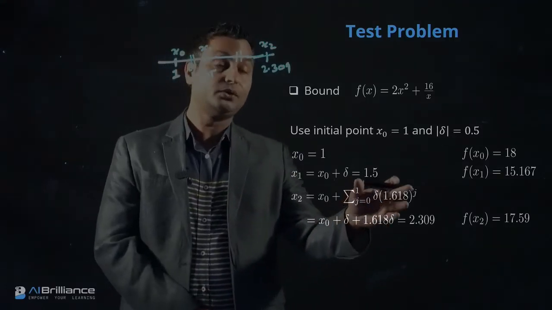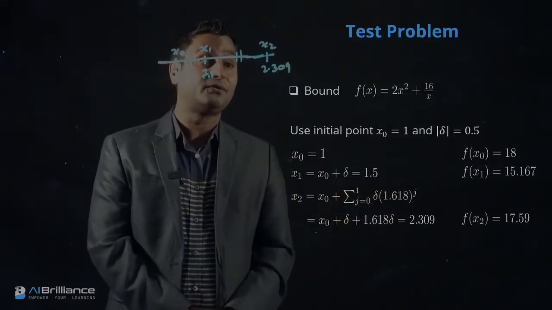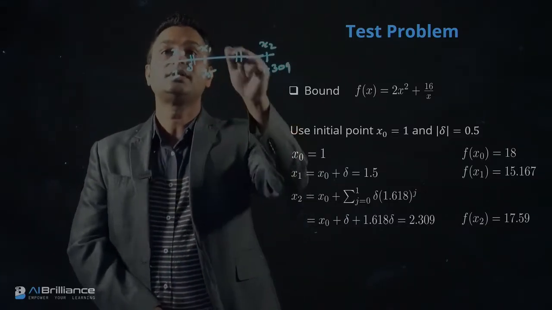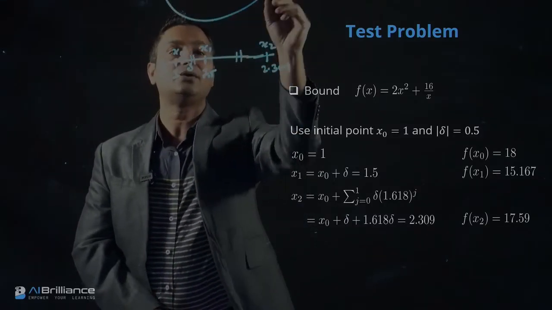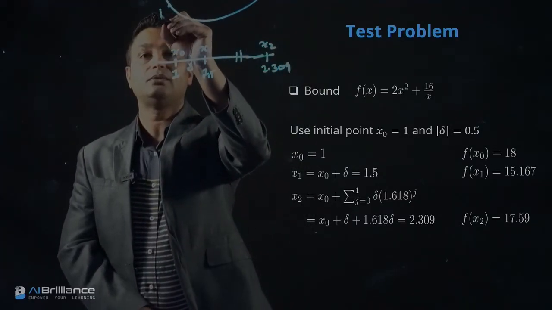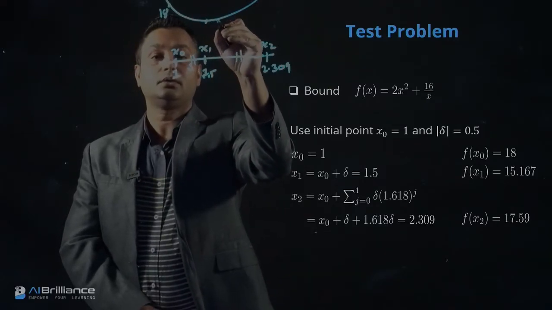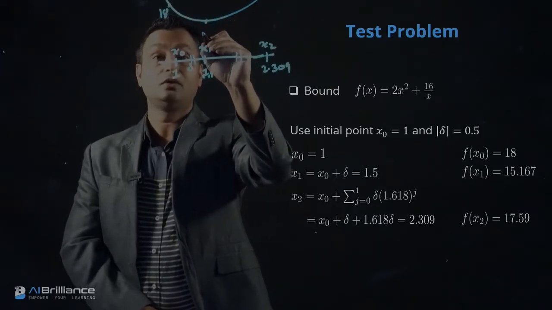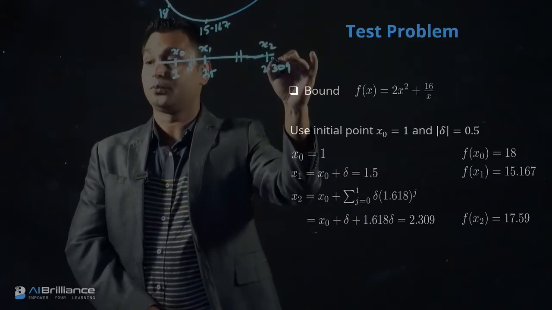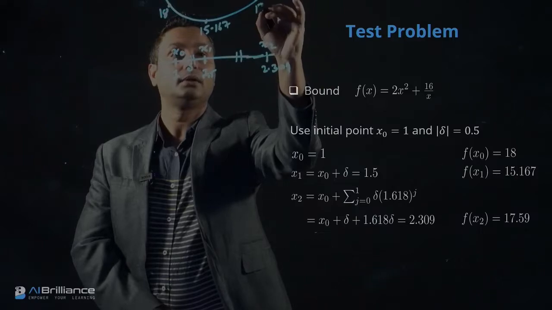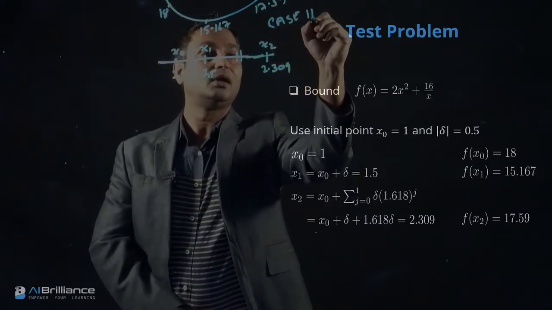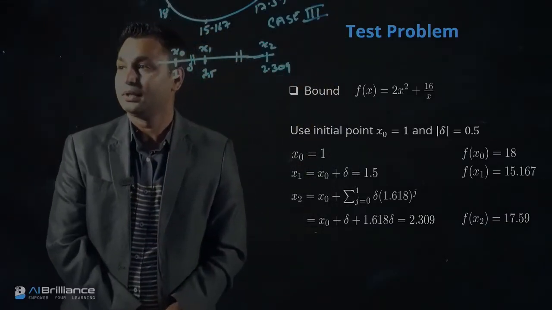Now what we need to do is see what is the nature of the function at three of these values. You will see that the function value is something like this, where f(x0) is 18, right here we have 18. At this location, f(x1) is 15.167, and f(2.309) is 17.59. So essentially we are in case 3 of the 3 cases that we should be working on.